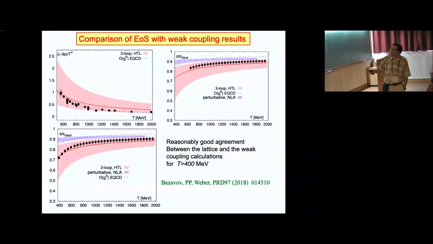Again, you see the same picture. The EQCD line is higher, but the other two resummed calculations more or less agree with the lattice results. The 3-loop HTL actually has a large uncertainty band, and with the uncertainty band, it always agrees with the lattice results for temperatures larger than 400 MeV.